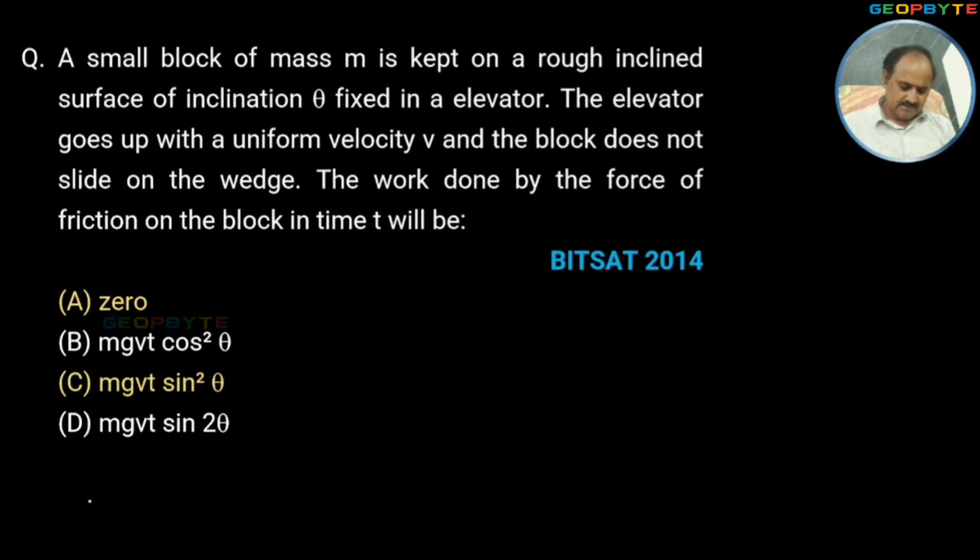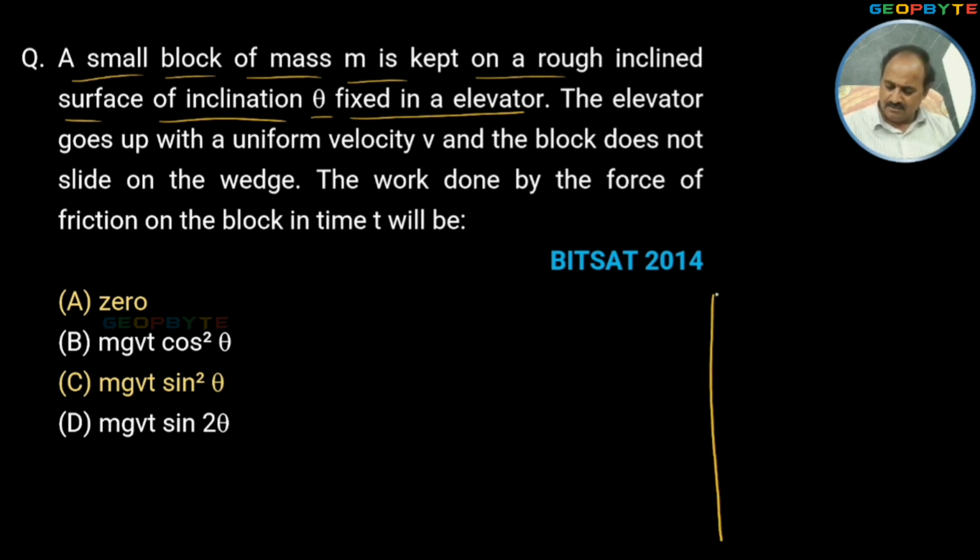It is asking like this. A small block of mass m is kept on a rough inclined surface of inclination theta fixed in an elevator. For that, let us take the elevator. This is the elevator.